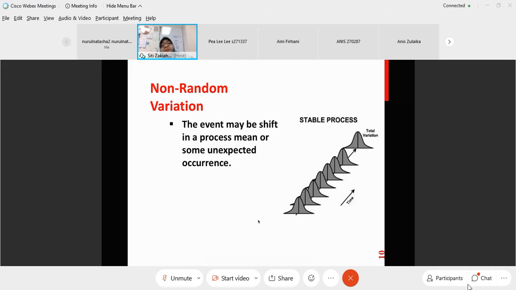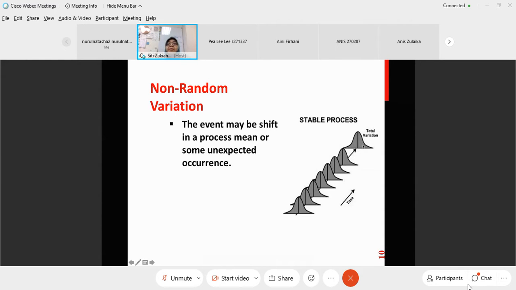Non-random variation tiba-tiba dia tidak selalu occur. Dia akan occur maybe because of a certain event. Okay, the event may be shift in the process, mean or some unexpected occurrence. Okay, stable process, lepas tu tiba-tiba ada satu pula ke belakang ni, yang tengah-tengah ni tak ada.